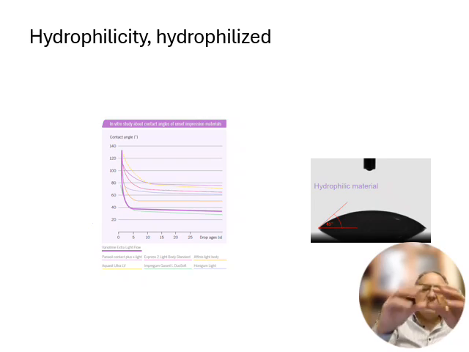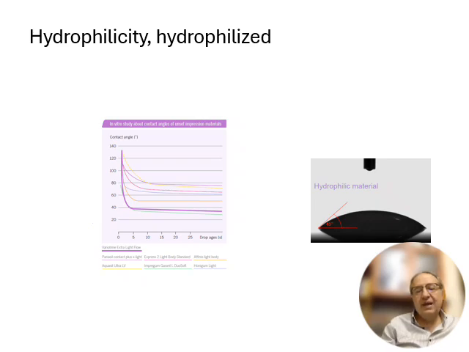On the contrary, if the droplet of water spreads over the surface and the contact angle between the droplet and the surface of the material is an acute one, for example 15 degrees, we call this material hydrophilic.